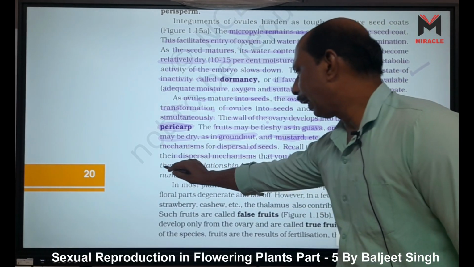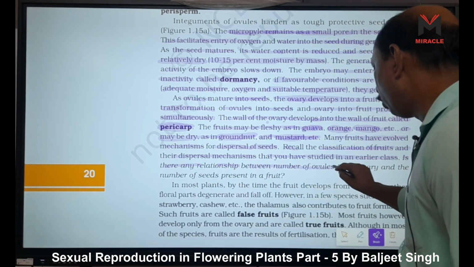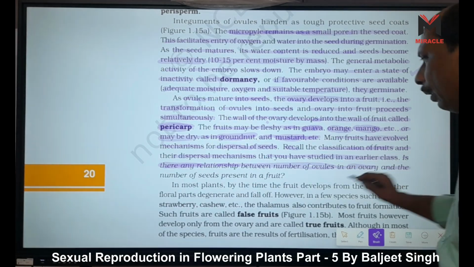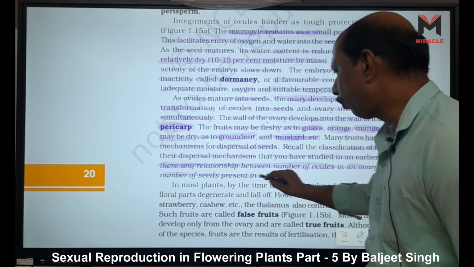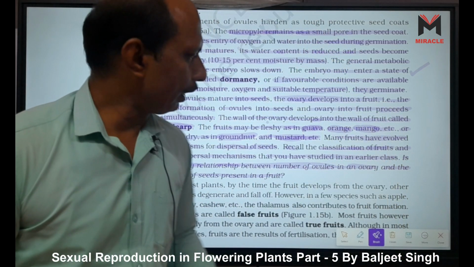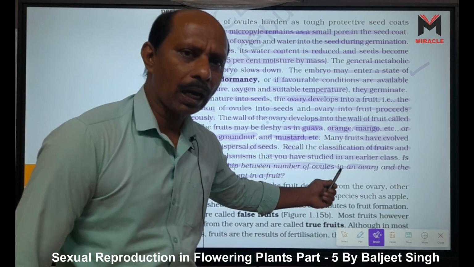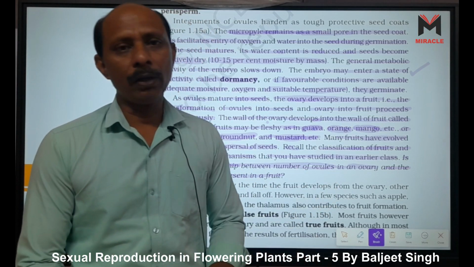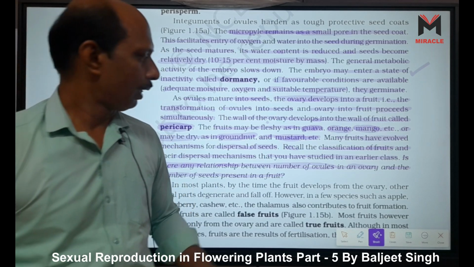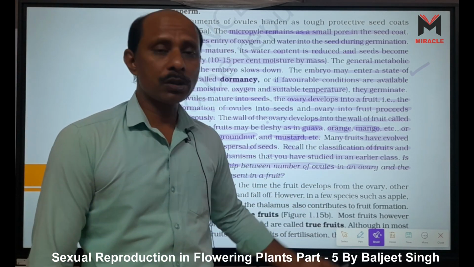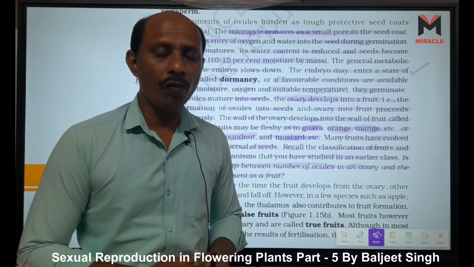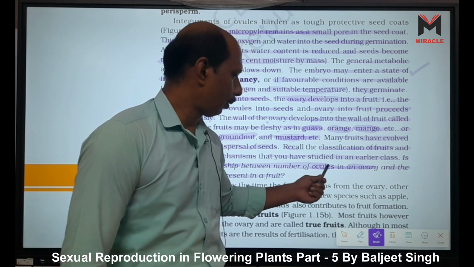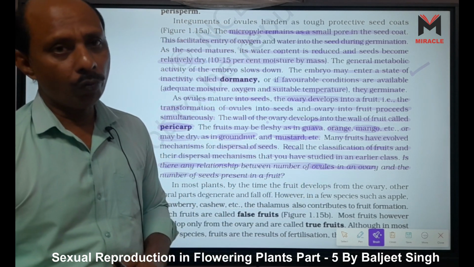Is there any relationship between the number of ovules in an ovary and the number of seeds present in a fruit? Yes, right? The number of ovules is always equal to the number of seeds, because these ovules develop into seeds. If the number of ovules is more in a single ovary, these are ovaries with many ovules.